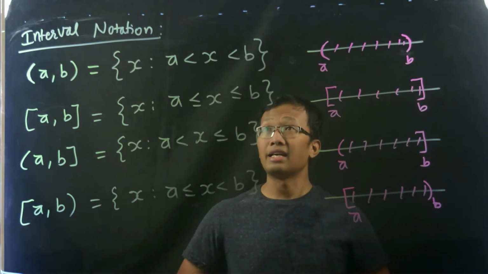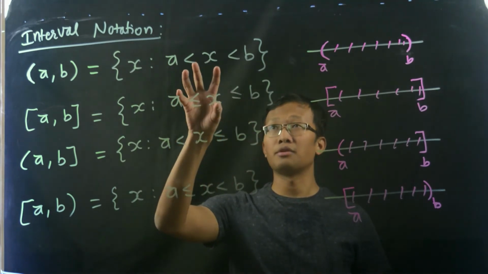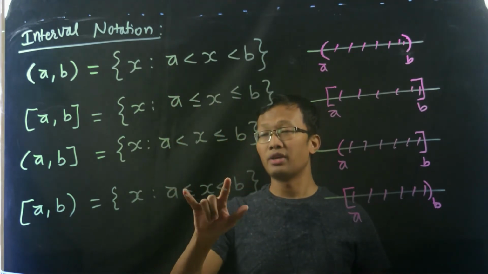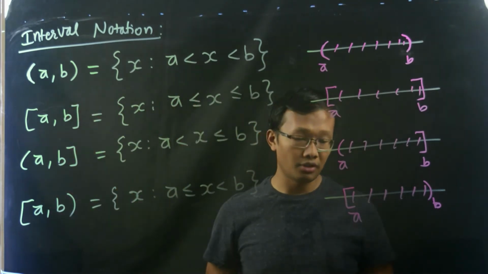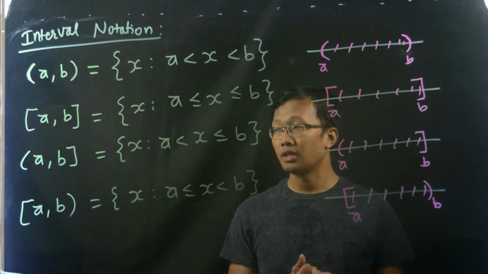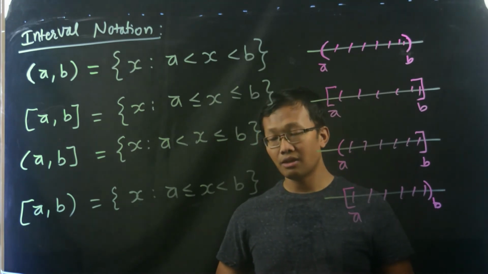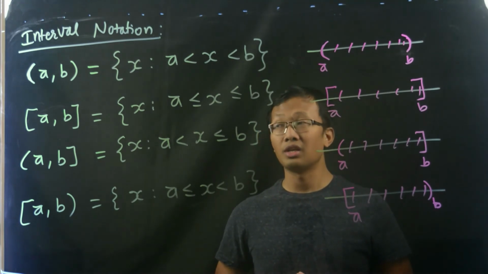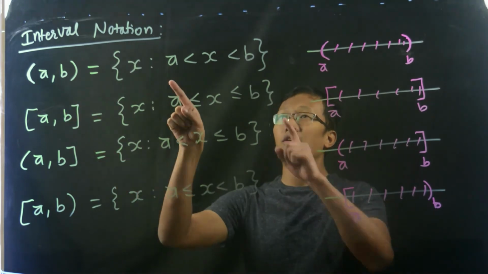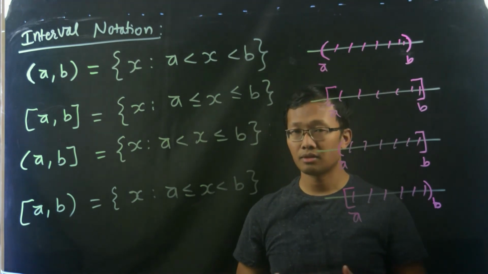Try to grasp an idea about the inequalities that we have here for all these interval notations, which are subsets of the real line. So there are three ways to write down the same thing, a subset of real numbers: either this interval notation, or this set theoretical notation, or this graph. Right? So that's all.